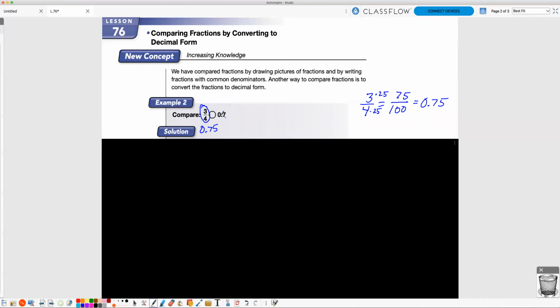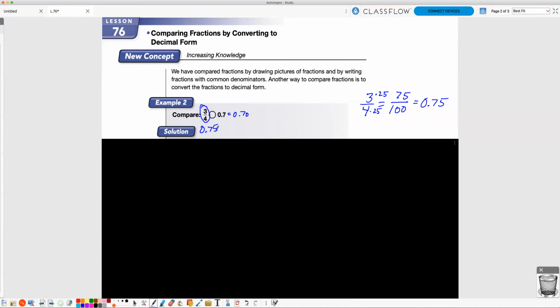So now you have to compare this one. It's 75 hundredths and 7/10. 7/10 is also the same as 70 hundredths. So you have to keep in mind that just because this is 7/10 doesn't make this necessarily immediately smaller than 75 hundredths, but you have to recognize that, well, yeah, this is 7 with a 0 behind it.